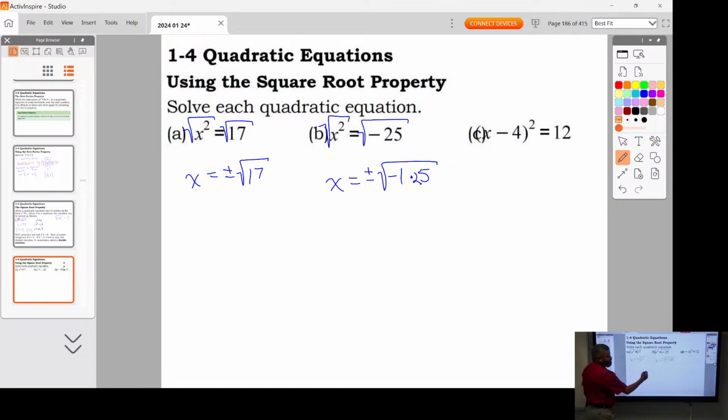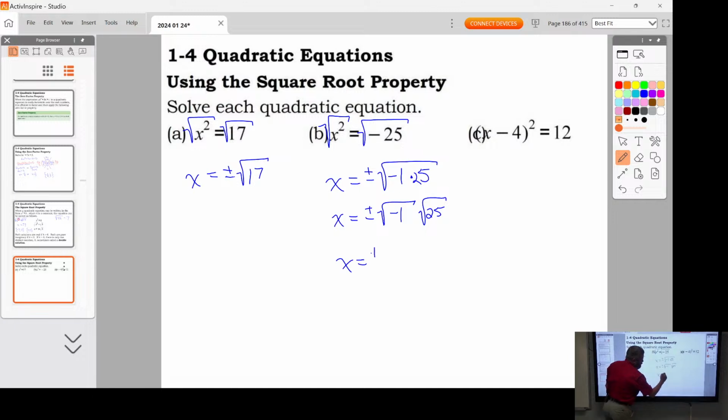Okay. Would you agree that the square root of -1 times 25 is the same thing as the square root of -1 times the square root of 25? Do you agree with that? Yes. Okay.